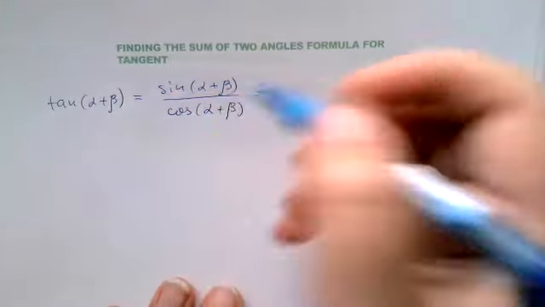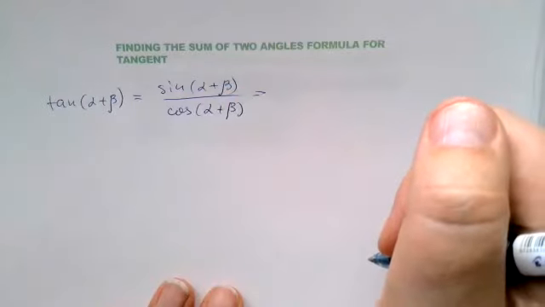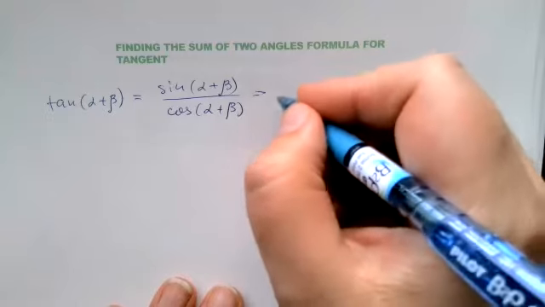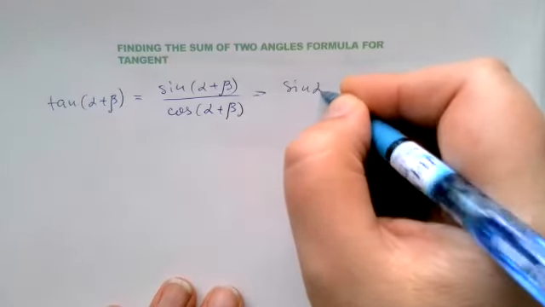We already have formulas for the sine and cosine of the sum of angles, so all we have to do is just write them out.